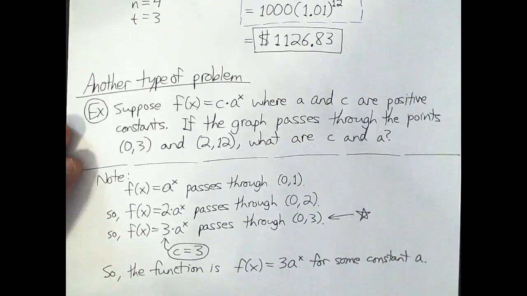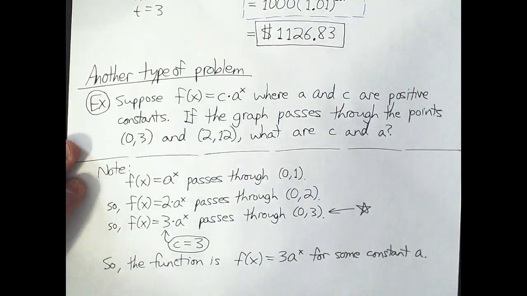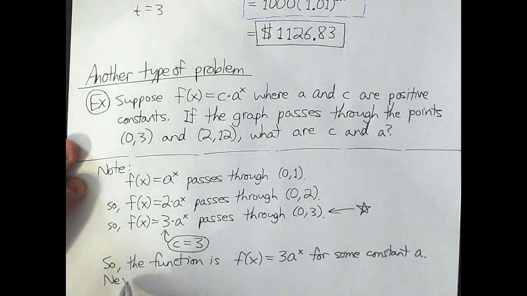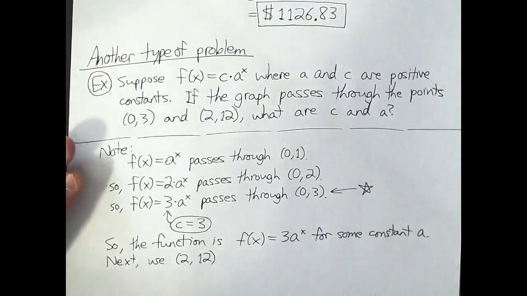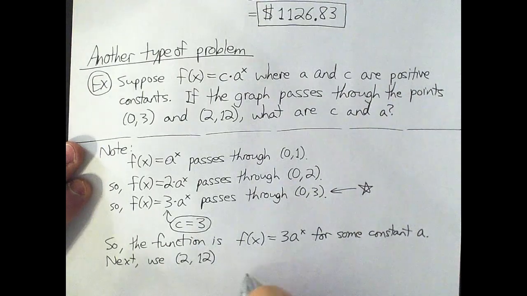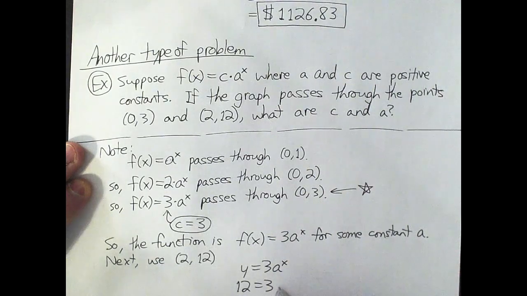We haven't used the fact that this passes through 2, comma 12, so let's try to use that. If this passes through 2, comma 12, we could say y equals 3a to the x, so 12 equals 3a to the 2. I put in 2 for x and 12 for y.